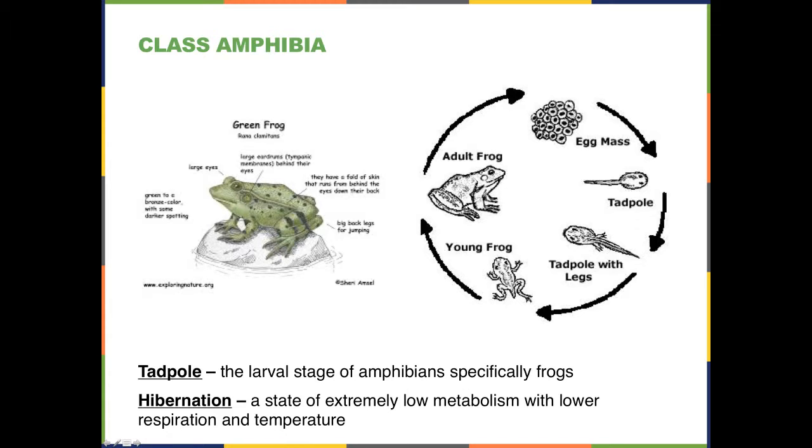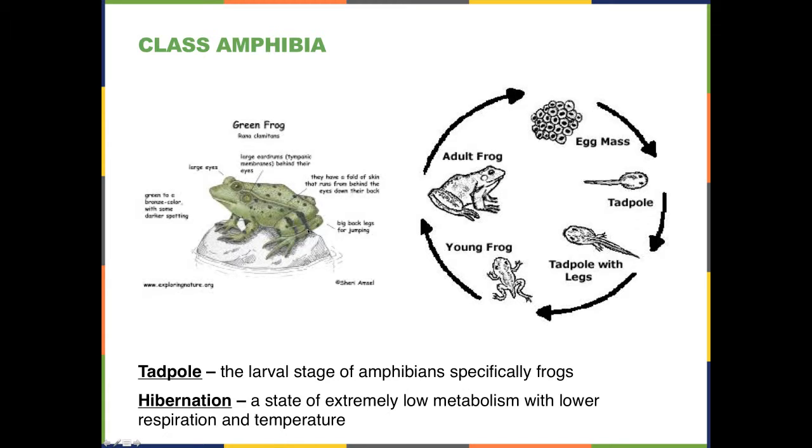And here's the adult. Now the adult is generally characterized by large eyes, a fairly large ear area with a tympanic membrane, large legs in the back for jumping, with small legs in the front.